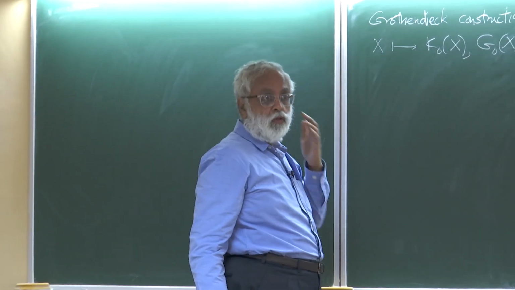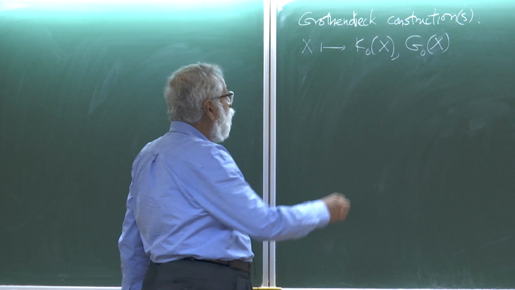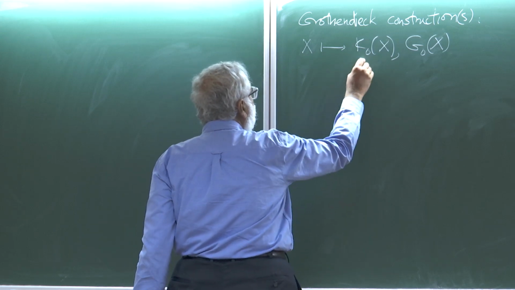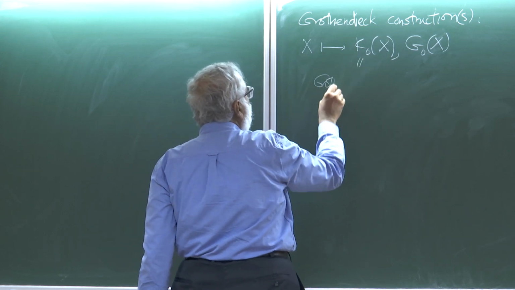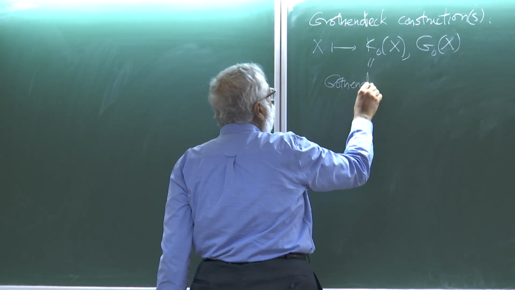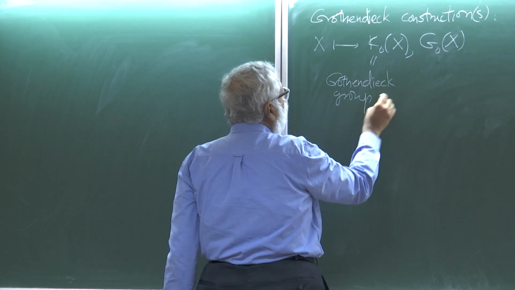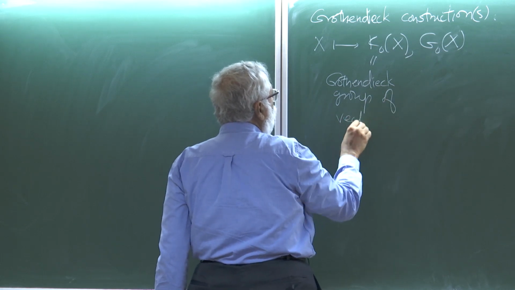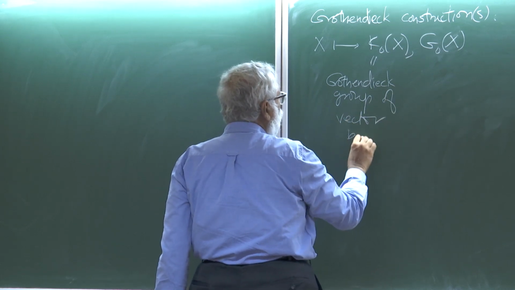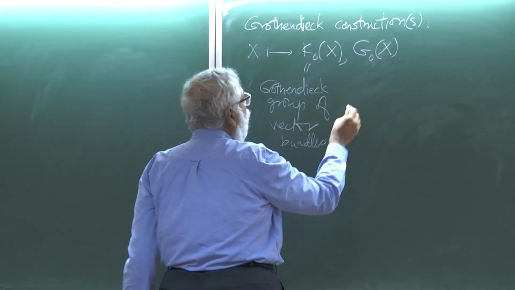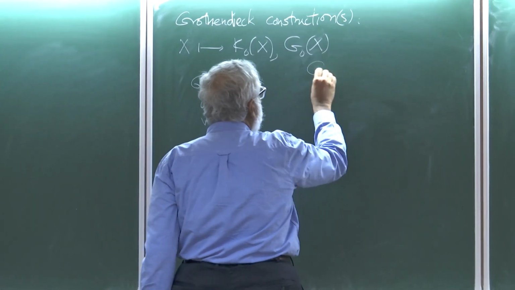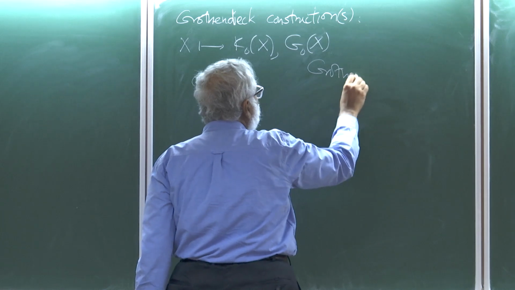You have two Grothendieck constructions. One is the Grothendieck group of vector bundles. And on the other hand, we also had this other one, the Grothendieck group of coherent sheaves.